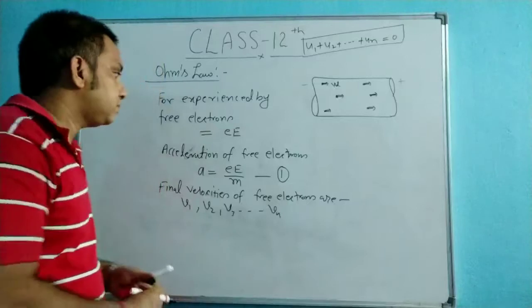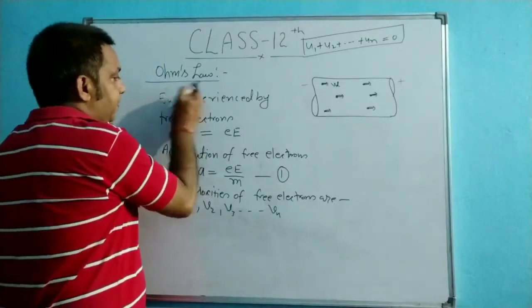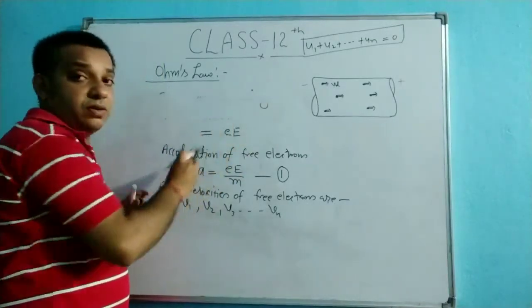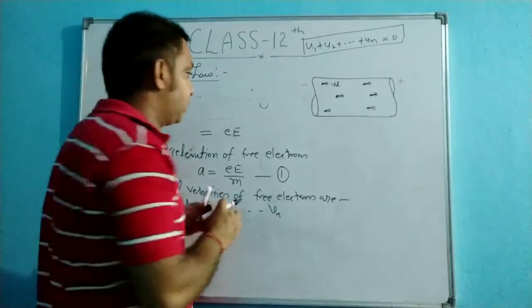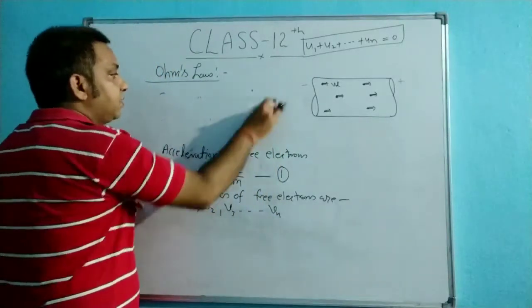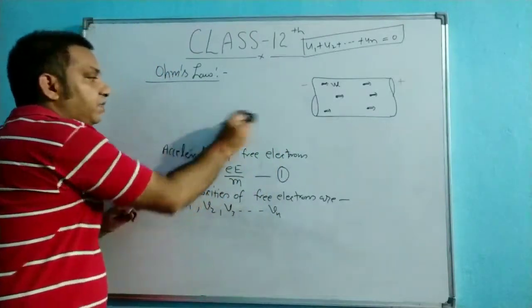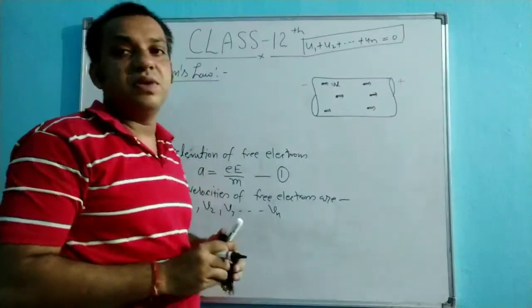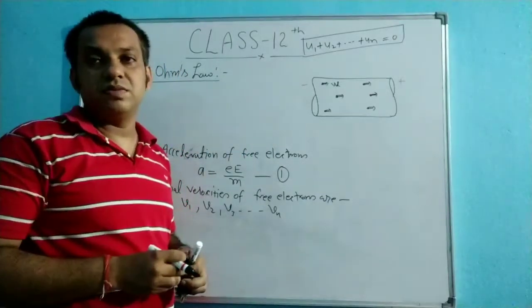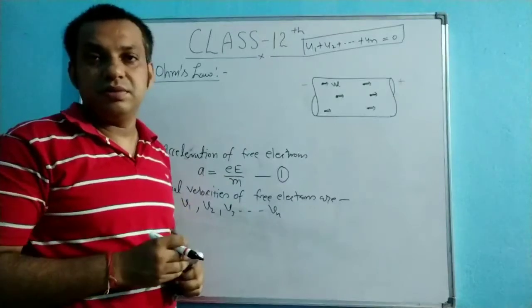What is the definition of the drift velocity? The drift velocity is the average velocity attained by the free electrons when a potential difference is applied.